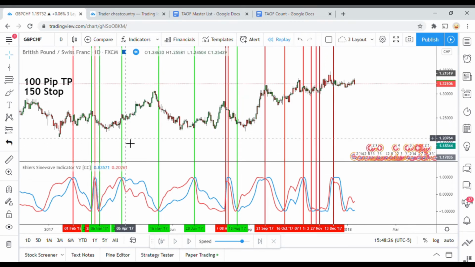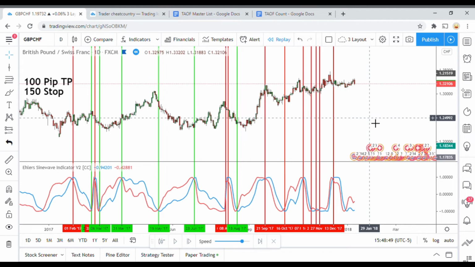So 1, 2, 3, 4, 5, 6, 7, 8, 9, 10, 11, 12, 13, 14, 15, 16, and 17. So 17 signals all together, and we have 1, 2, 3, 4, 5, and 6 wins. So unfortunately, that is not going to meet the 60% criteria that we are looking for. Like I said, it's a shame.